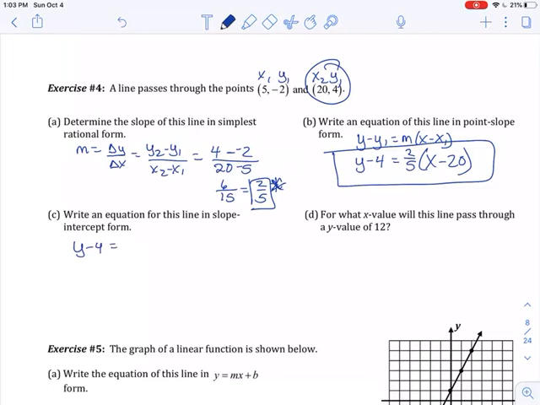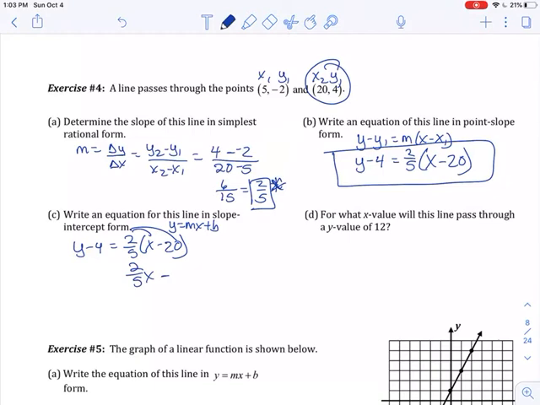They want me to write an equation for this line in slope-intercept form, which means I'm going to take what I just got, but I'm going to distribute, and I'm going to get y by itself. Slope-intercept form means I want it in y equals mx plus b. So this 2/5 gets distributed, 2/5 x.